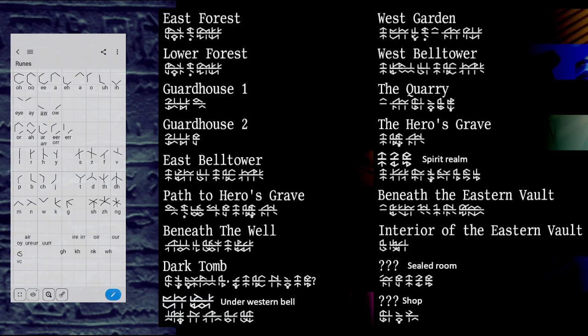Okay, now we have this one, even the first line is in runes. This is the space underneath the western bell with one of those monoliths you pray to.